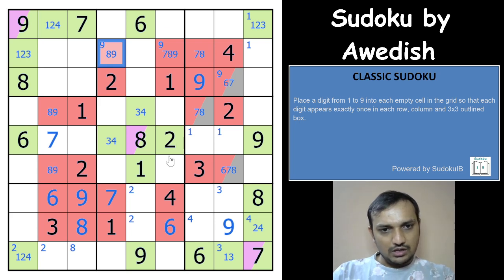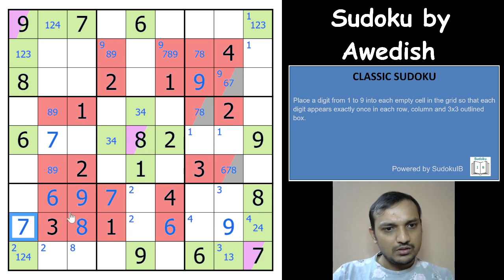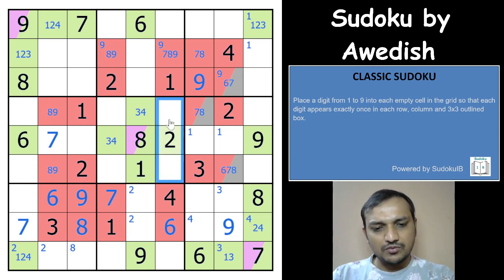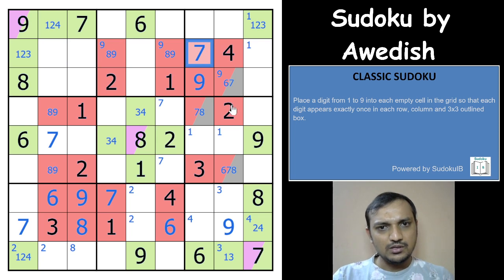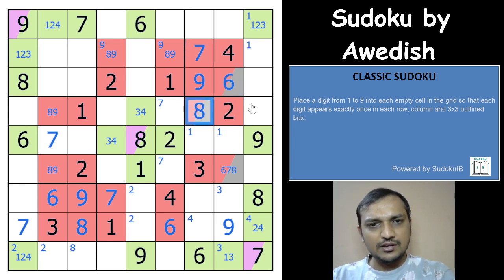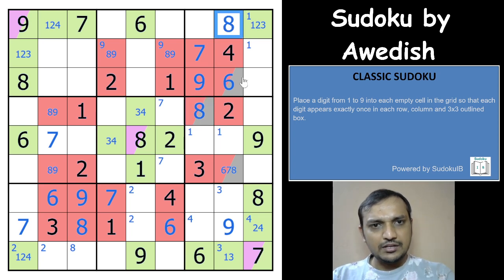Okay, and we get a 7 here. 7 is in one of these 2 cells, so that removes 7 from this cell. 8 and 9 pair, so this gives you a 7, that gives you a 6 and an 8 here, that gives you an 8 here.